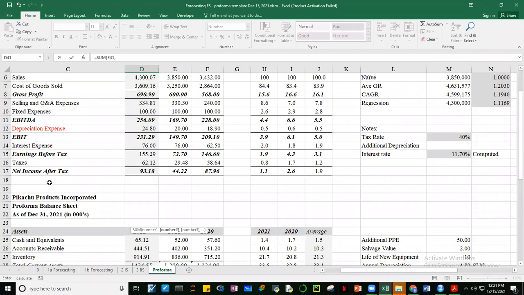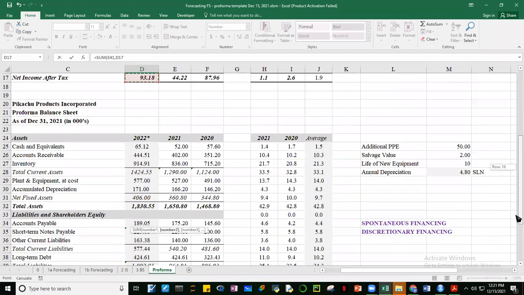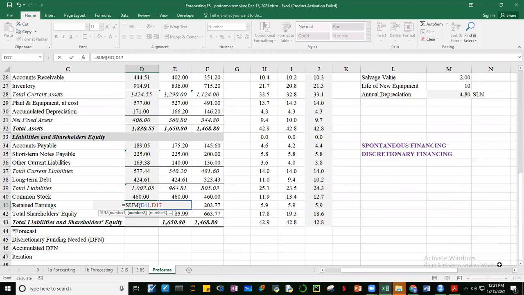Kasi let's assume that there's dividend here. So, ibabawas yung dividend. So, yung magiging balance ng net income after tax less the dividend will be your addition to retained earnings. But since you don't have dividends, so everything here in your net income after tax will be added to retained earnings. There. Okay, sum of E41 and D17.